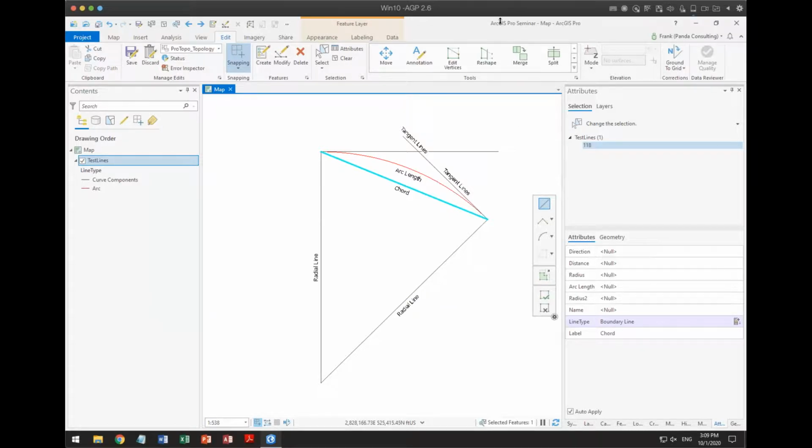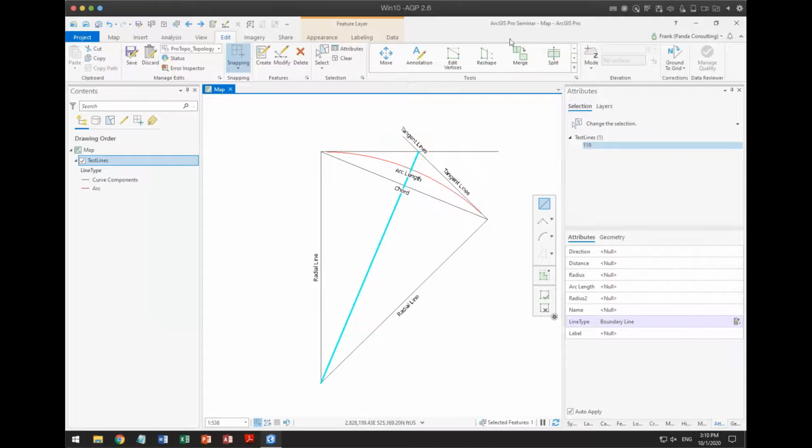There are some interesting things in here. Let me put one more line in here. I'm going to draw a line from the radius point to the point of intersection.